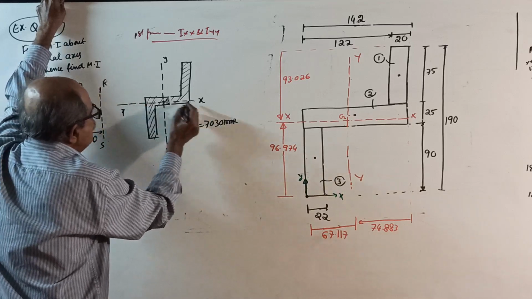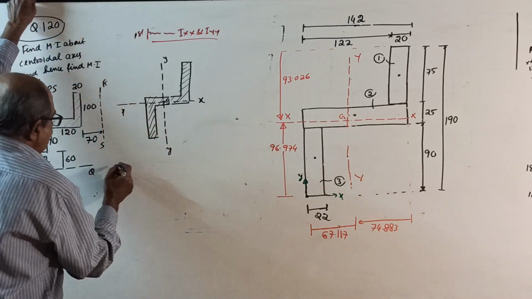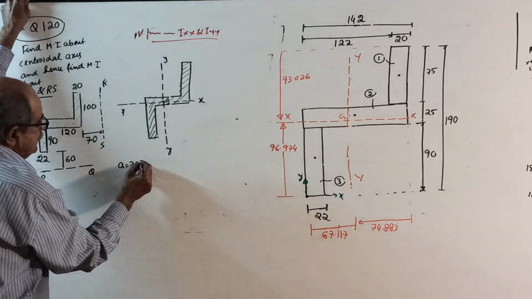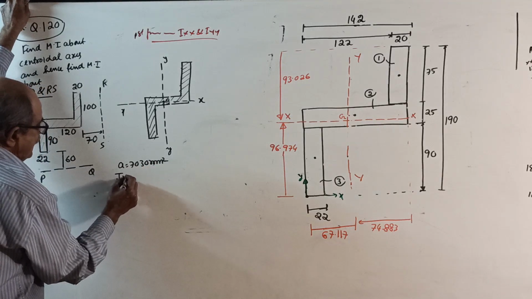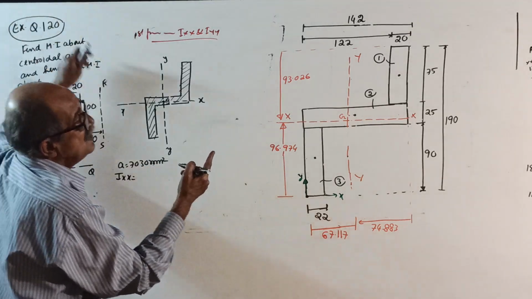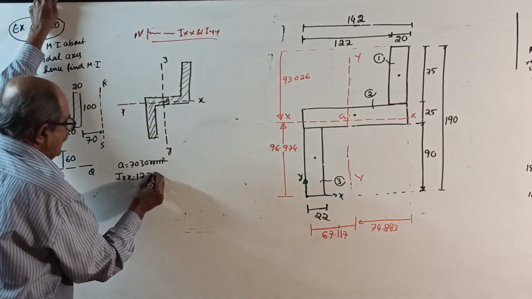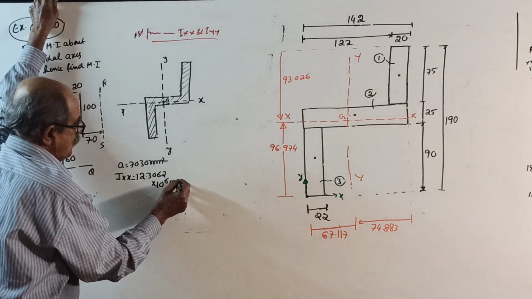And I about xx, just now we got, is 12.3062 into 10 to the power 6 millimeter power 4.